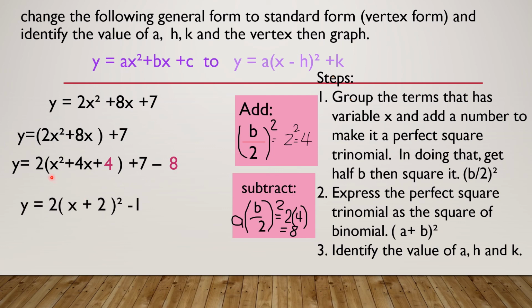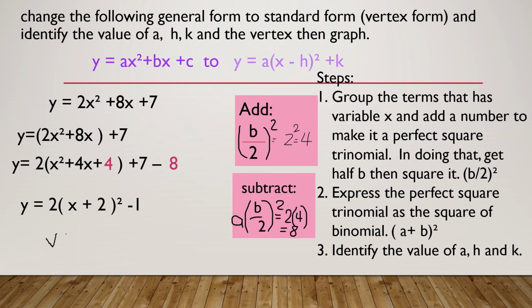And then factor this one. Perfect square trinomial. Square root of x squared, square root of 4, 2. This is plus here, so that is plus here. Just copy 2. And then 7 minus 8, that is negative 1. So what is now the value of the vertex?